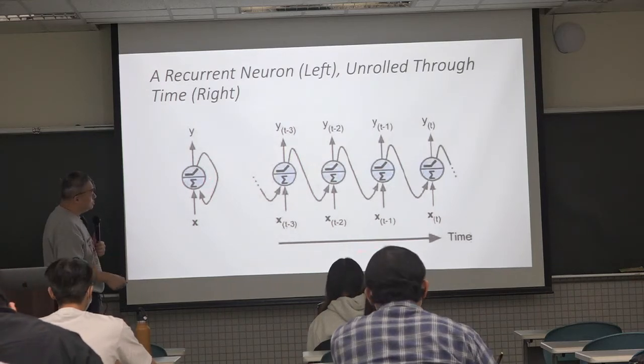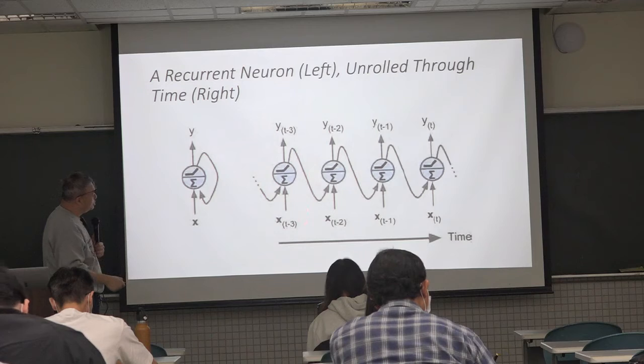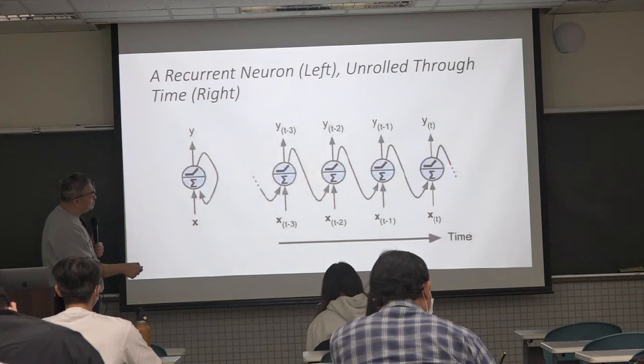If you try to unroll through time, we observe the behavior of this neuron for a period of time. What happens is that all of these represent the same neuron.